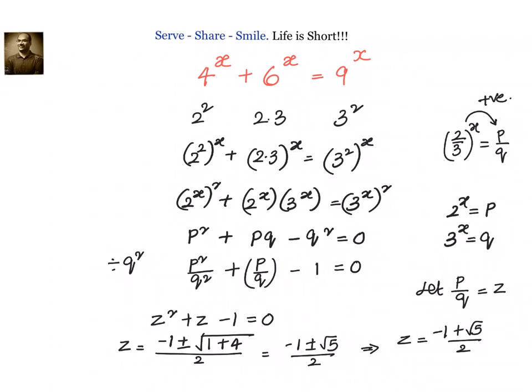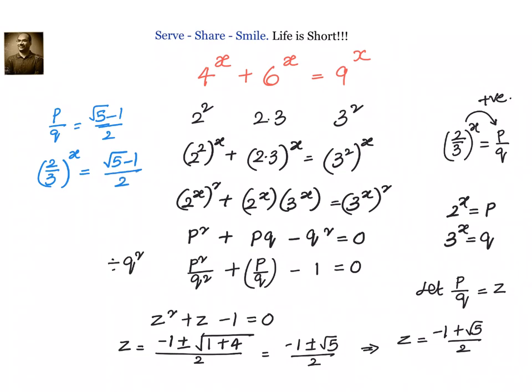So let's change the color so that we won't get confused. Now once we got z is p by q, we know p by q is equal to root 5 minus 1 divided by 2. What is p by q? (2 by 3) whole to the power of x. Ultimately we have to find the value of x. (2 by 3) whole to the power of x is root 5 minus 1 by 2.